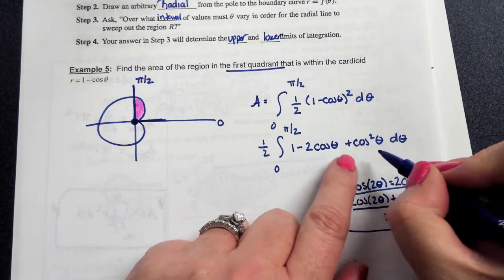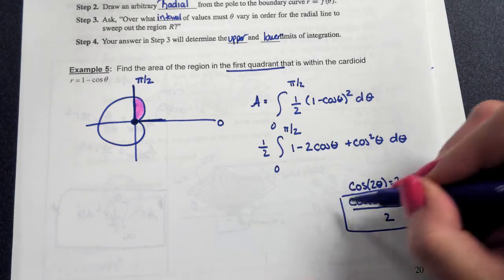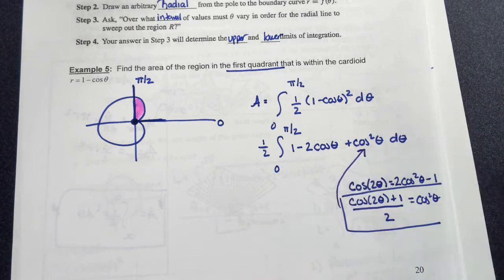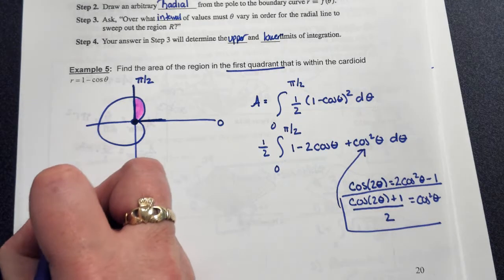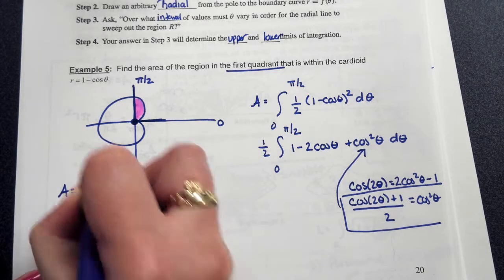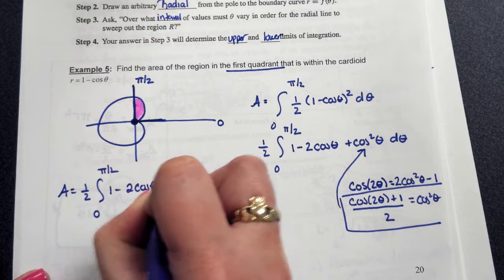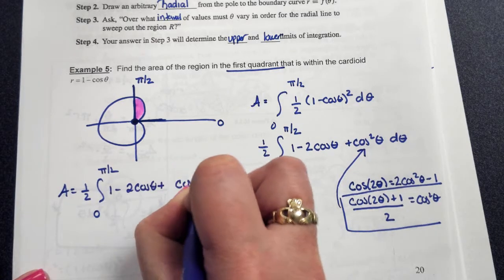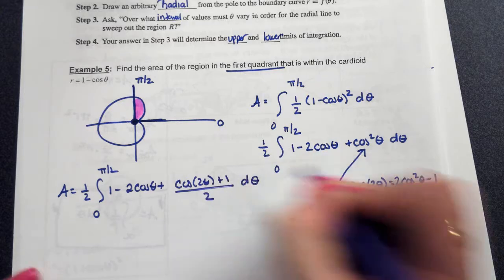Because the u sub is not going to work on this cosine squared, you have to do a substitution, replacing cosine squared with cosine of 2 theta plus 1 all over 2. So my area is going to be 1/2, 0 to pi over 2, of 1 minus 2 cosine theta plus cosine of 2 theta plus 1 all over 2 d theta.